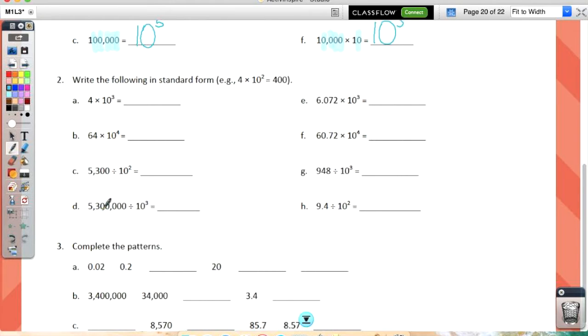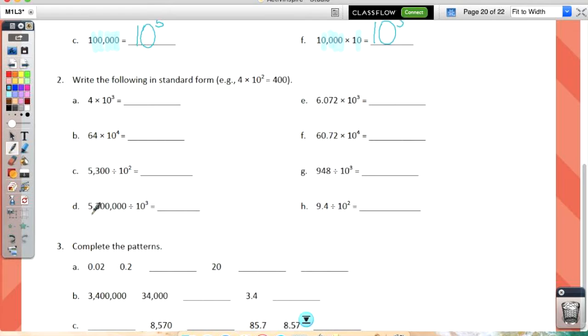So there's a chance I can use what trick? The zero trick, okay? So if I use the zero trick when I multiply, what do I do? Add zeros. If I use the zero trick when I divide, what do I do? Take off zeros. Am I going to be able to take off zeros here? Looks like I might be able to. So we'll get to those in a minute.